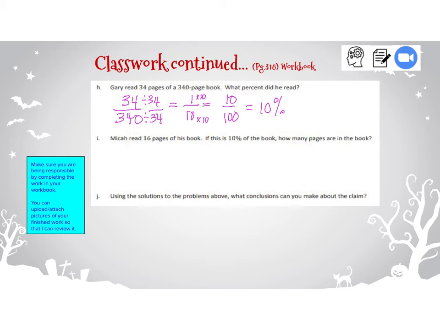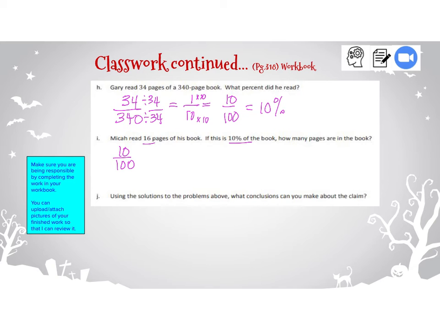So now let's take a look at this one. Micah read 16 pages of this book. If this is 10% of the book, how many pages are in the book? So 10% is 10 over 100.